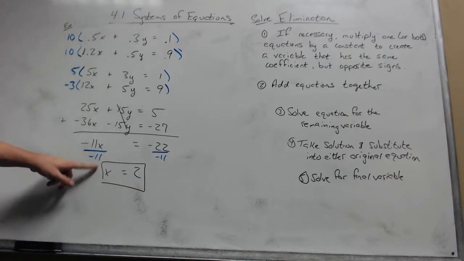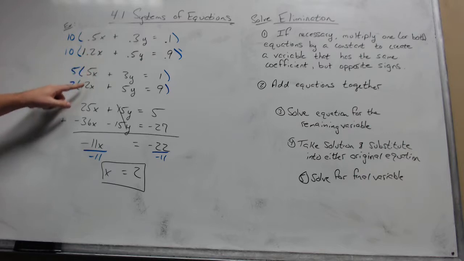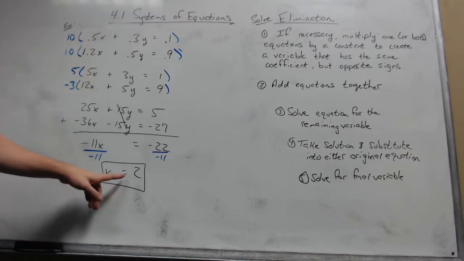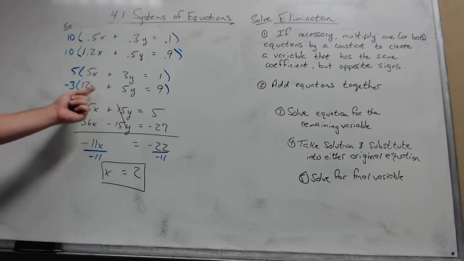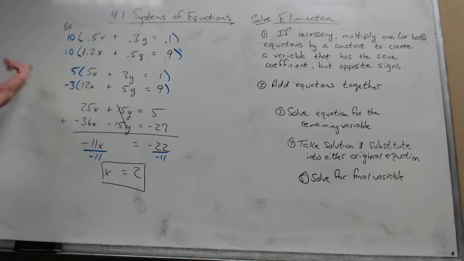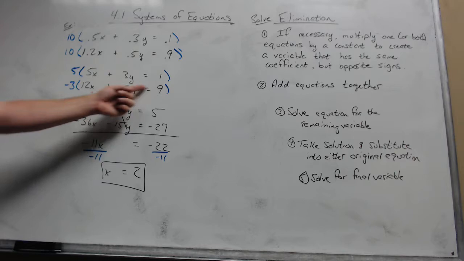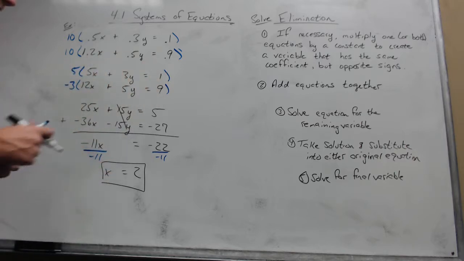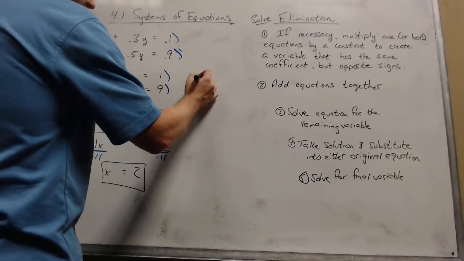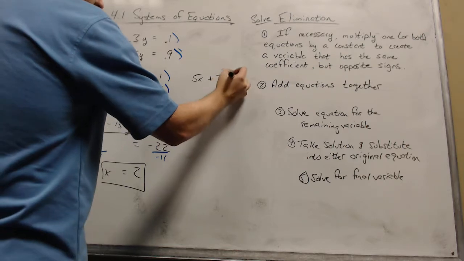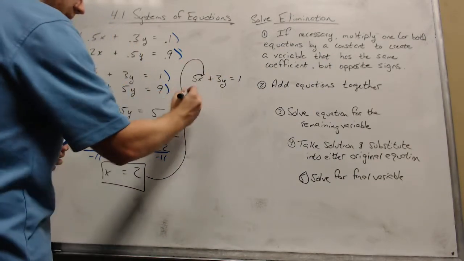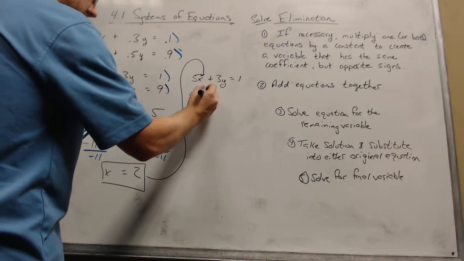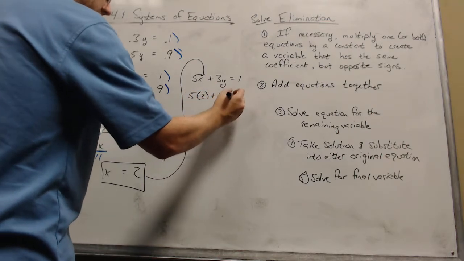We can pick any of the equations that we'd like to use along the way. It doesn't matter which one to substitute into. So I don't really want to deal with the decimals. I want to deal with the whole number coefficients. So I'll choose this top equation to plug a 2 into. So over here we can say 5x plus 3y equals 1. Let's substitute in. 5 times 2 plus 3y equals 1.